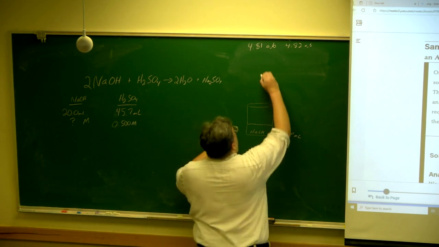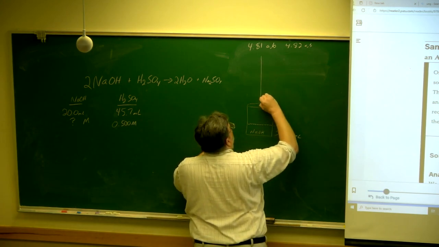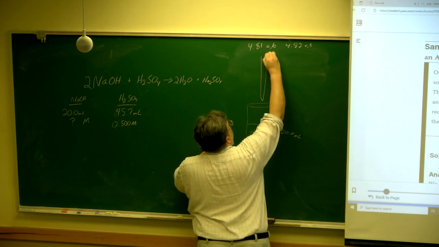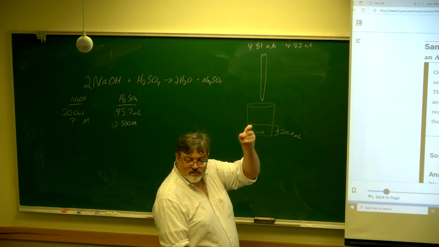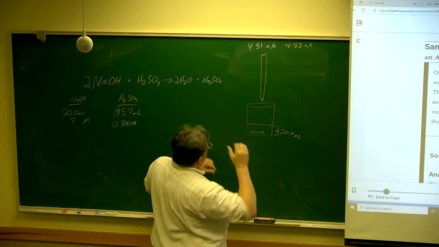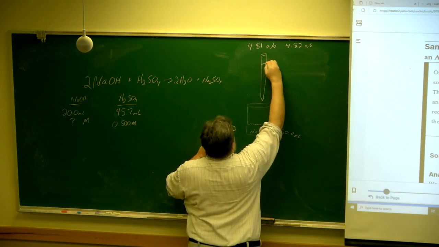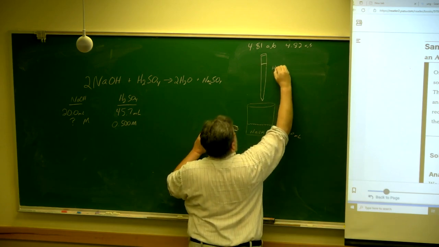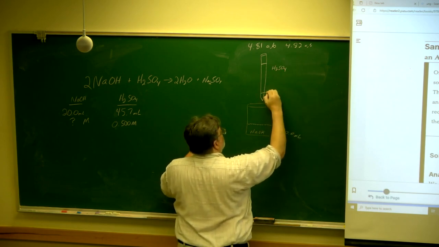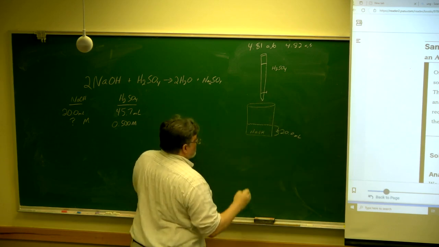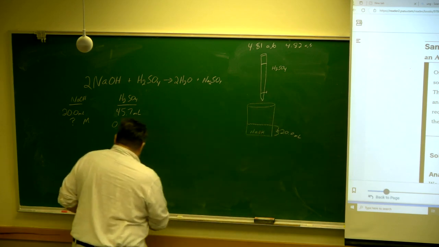So what they do, you guys used a burette early on in the semester, the big long thing that we clipped in, they put it in here, and you drip it little by little and you put an indicator in there.